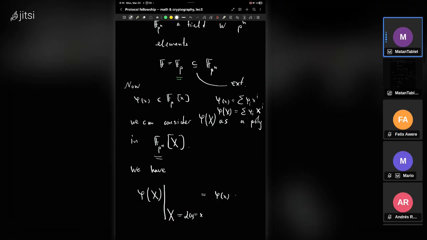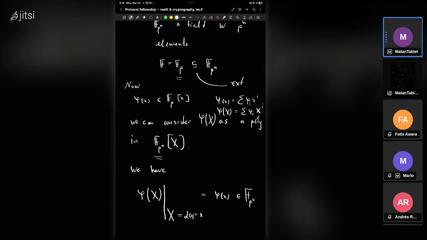And this needs to be, like with any substitution, if you take a polynomial over a field and you substitute an element in the field into the variable of the polynomial, you get, as a result, an element in the field. So this phi(x) needs to be considered as an element in F_p^n.